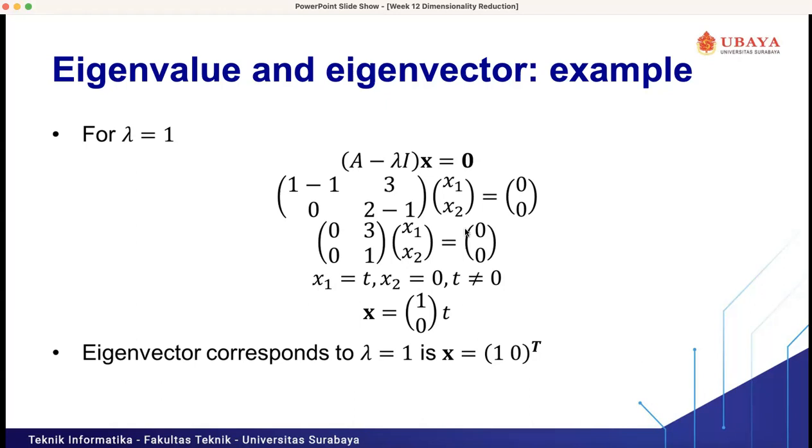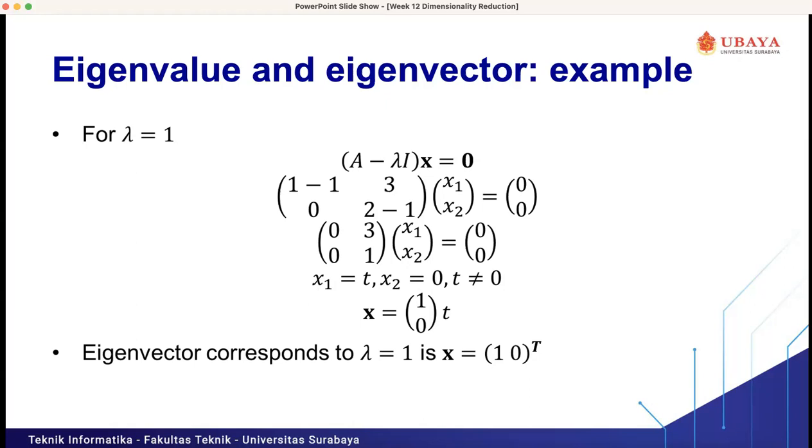If you remember in linear algebra, you also learned how to calculate the row echelon matrix, or in Indonesia we call it matriks echelon baris.